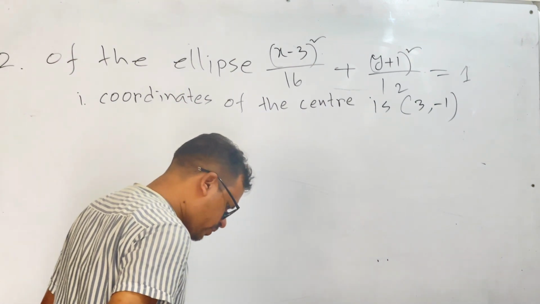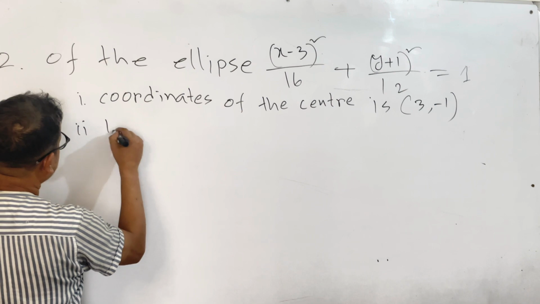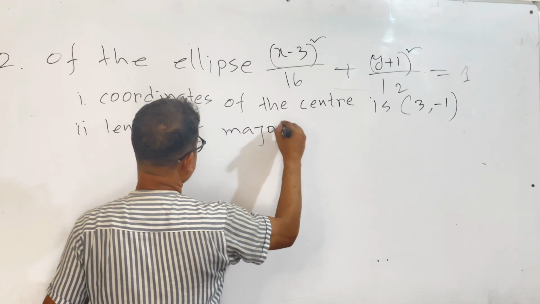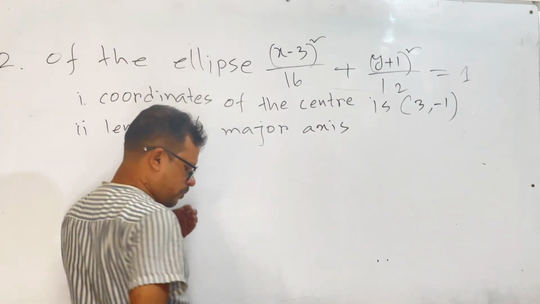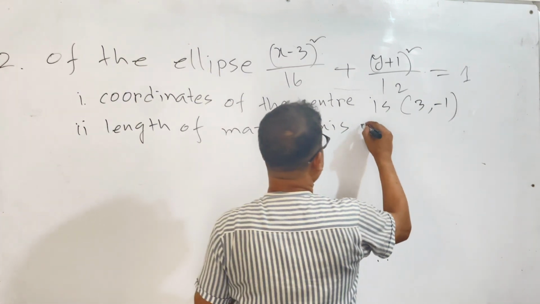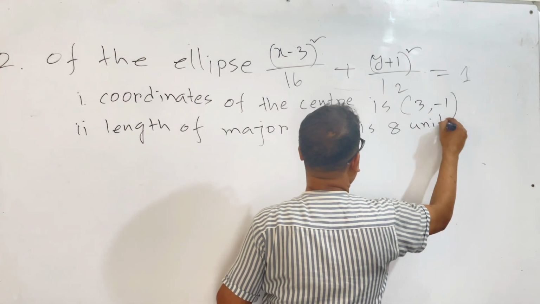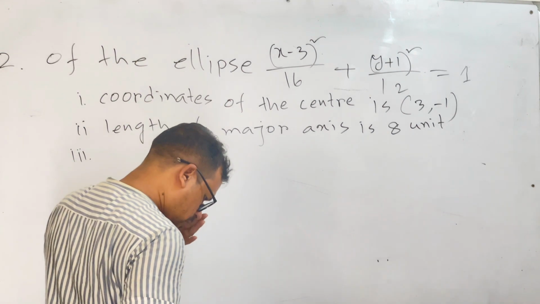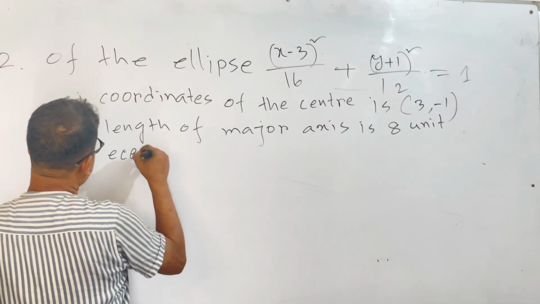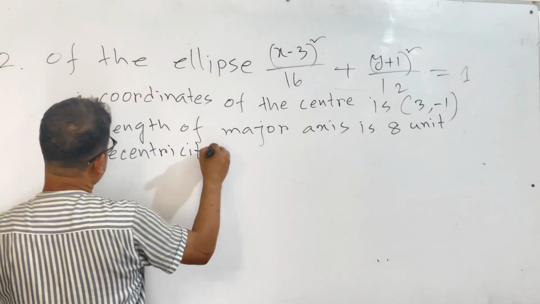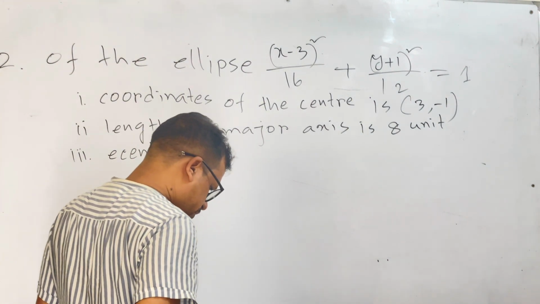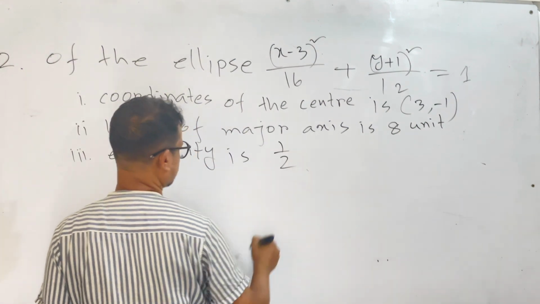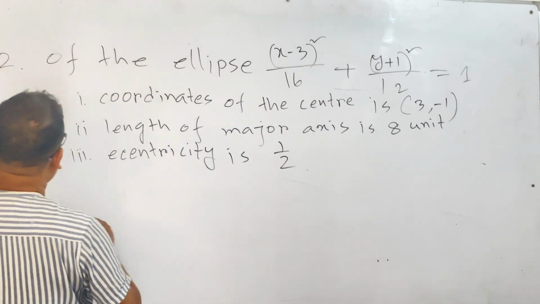Length of major axis is 8. And the eccentricity is half. Which one is correct?